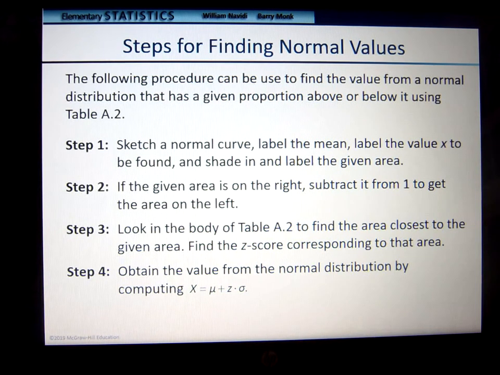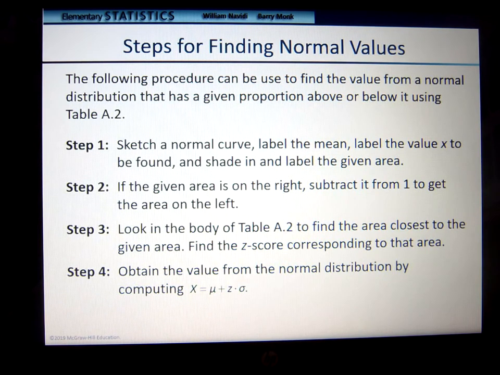Now, for the steps for finding normal values, the following procedure can be used. First, you should always sketch the normal curve, label the mean, label the value of x to be found, and shade in the area given. If the given area is on the right, subtract from 1 to get the area on the left.